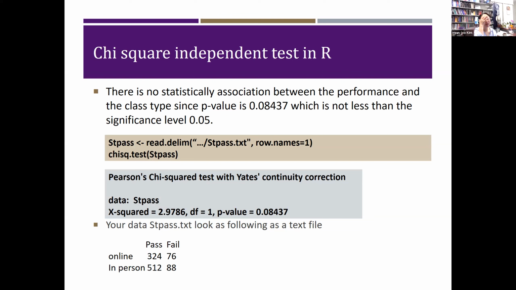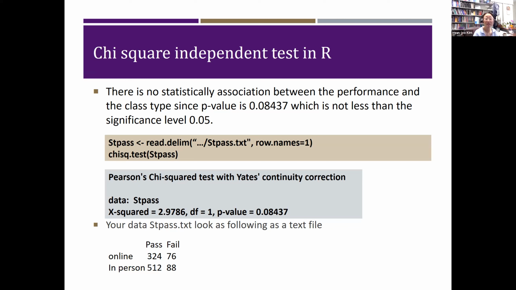The data is in a format that we can easily use and is available in text form, TXT form, in module 6. You want to save it in your own directory. Then you can call the data using the read.delim function, and the chisq.test function will execute the chi-square independent test.